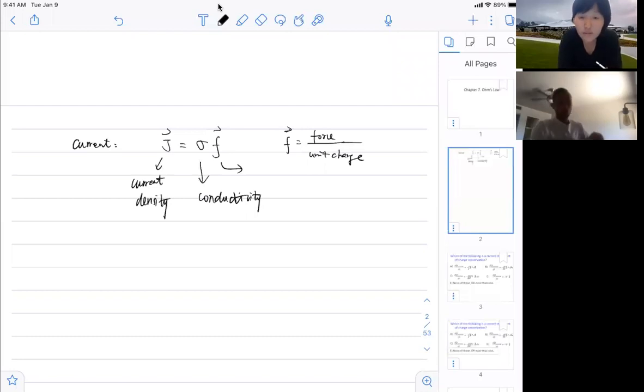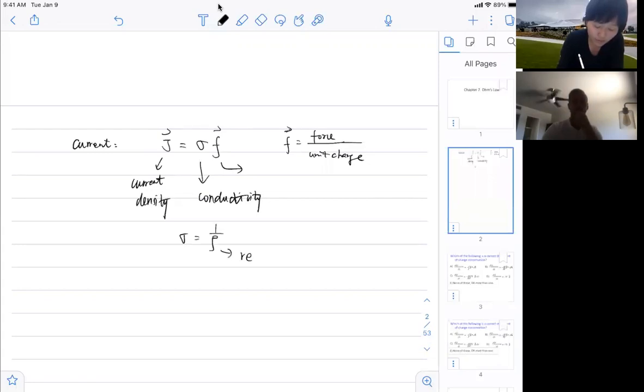So the bigger the sigma, the bigger the current you will be able to drive, which makes sense, right? A conductor has a big conductivity, so when you drive a current through a conductor, you get a bigger current. If you try to drive a current through an insulator, it has very low conductivity and you will not have any current. Another way to express conductivity is by writing it as 1 over rho, where rho is resistivity.